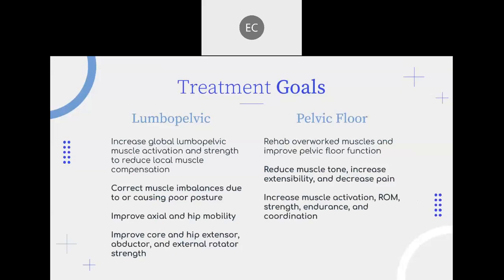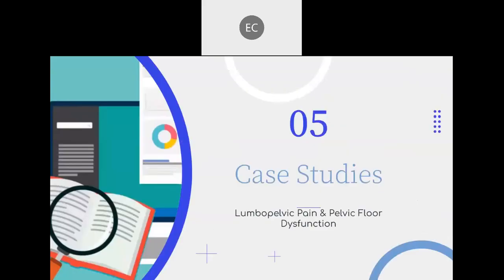And when it comes to the pelvic floor, we want to make sure we're rehabbing overworked muscles and improving pelvic floor function by reducing muscle tone, increasing extensibility, and decreasing pain, as well as increasing muscle activation, range of motion, strength, endurance, and coordination.